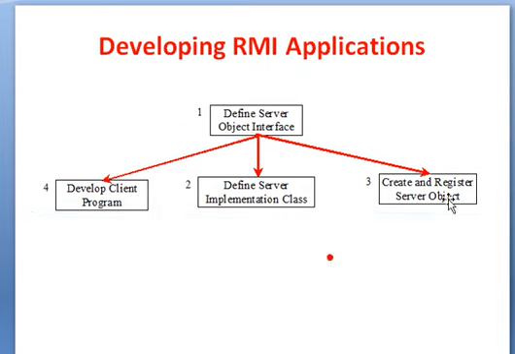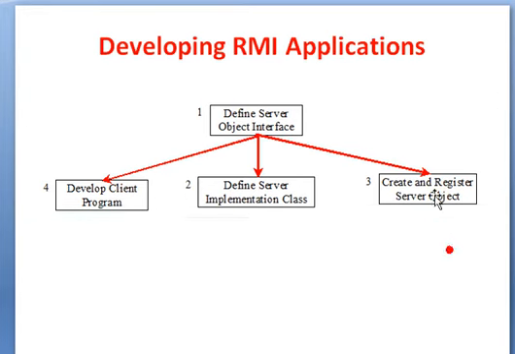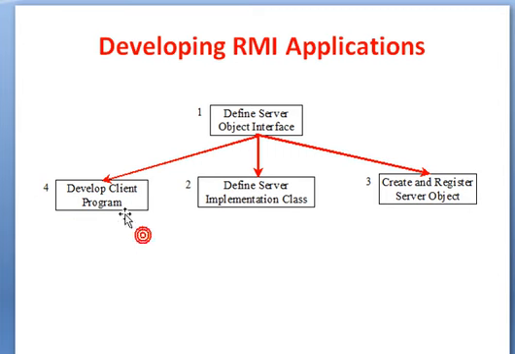After that we're gonna create and register the server object. We're gonna rebind the server object, and after that we're gonna look up the server object. So we're gonna call the method that is working in the server and see how that works with RMI.